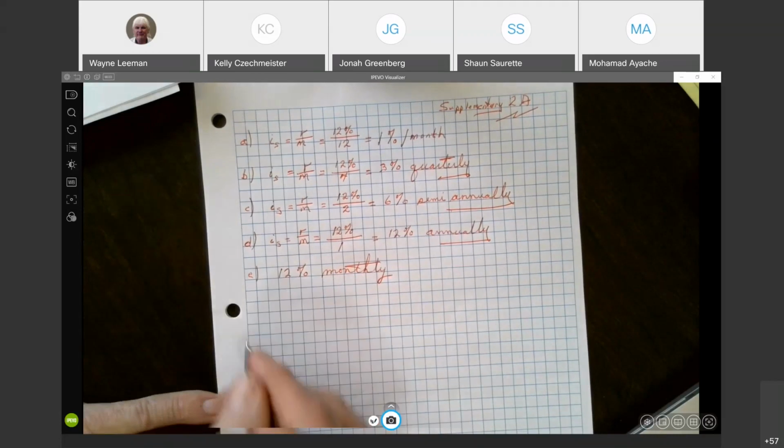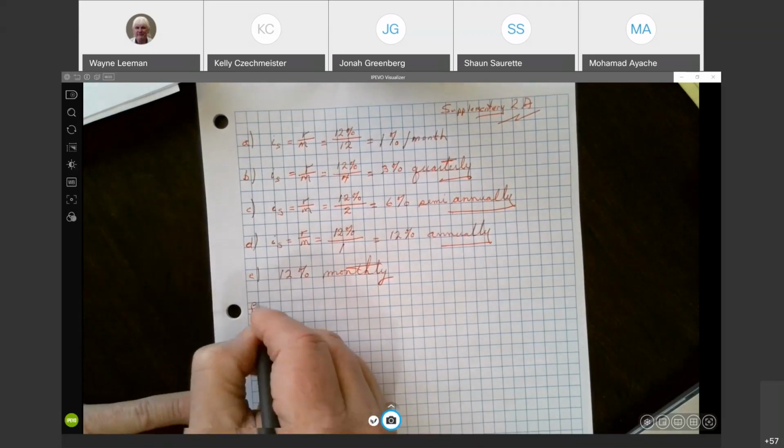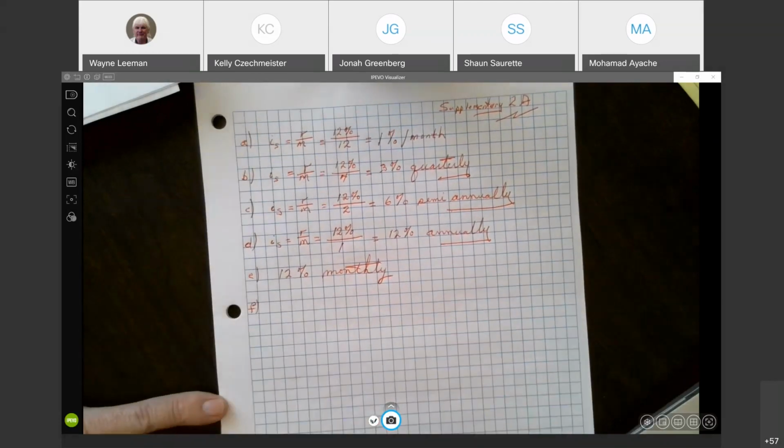And F, how about an answer for that one in the chat line? No, to answer your question, Austin, no. The sub-period interest rate can be any of those that we worked out. It could be monthly, could be weekly, it could be daily, hourly.